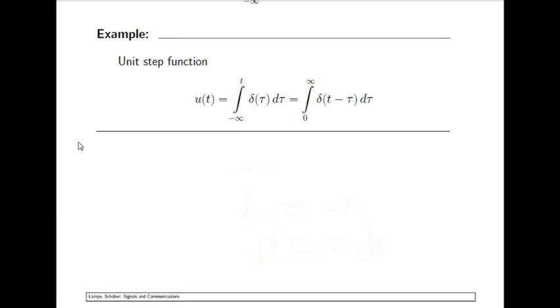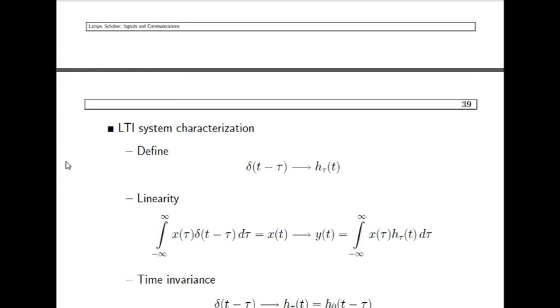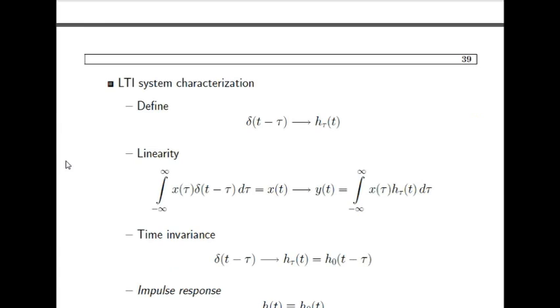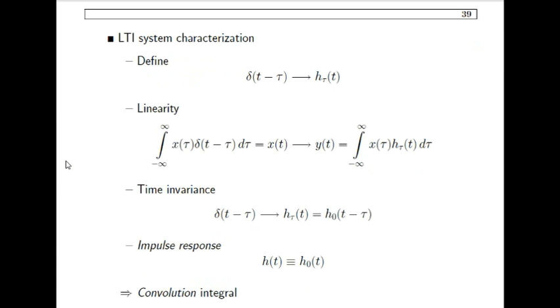Okay, so the characterization of an LTI system, let's check that. I have defined h_tau(t) as delta(t minus tau), and it follows the linearity property. Okay, and it is also time invariant, and its impulse response is represented with this term. Okay, so the convolution integral will have this formula.